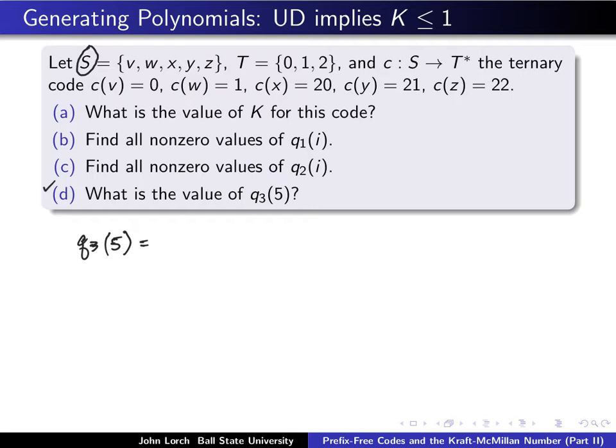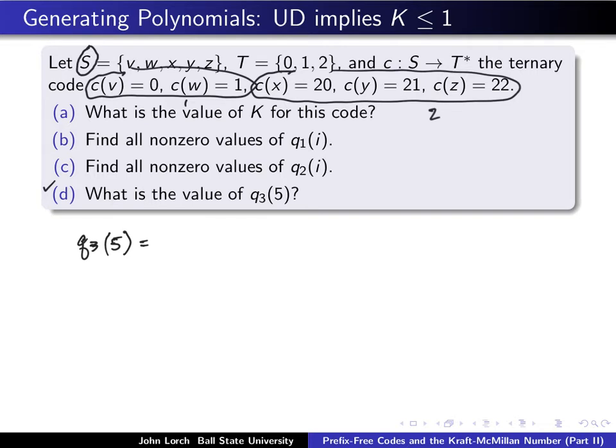So how can you put 3 code words together to get a message of length 5? Well, the only way to do it is to choose 2 from here, right, to get something of length 4, and then also have something from here, which would give us something of length 1. So if we have 2 from there, that gives us length 4, plus another thing of length 1 gives us length 5.